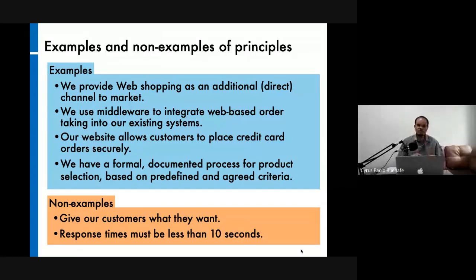Maybe it's the seed to a goal, or maybe it's even a simple driver. But it's not a principle because it doesn't tell us a specific idea on how to achieve a goal. The second non-example here is "response times must be less than 10 seconds."